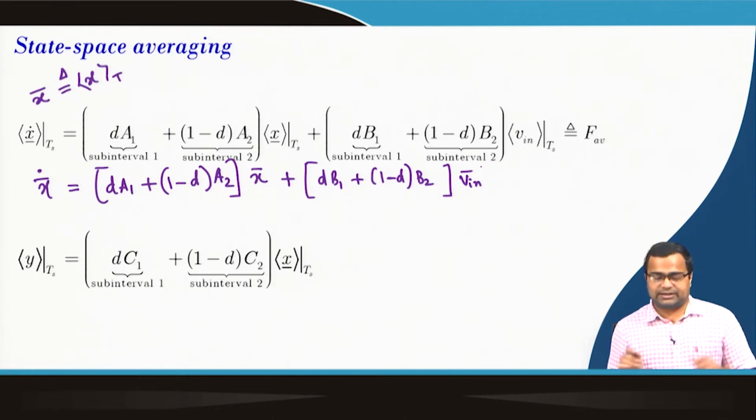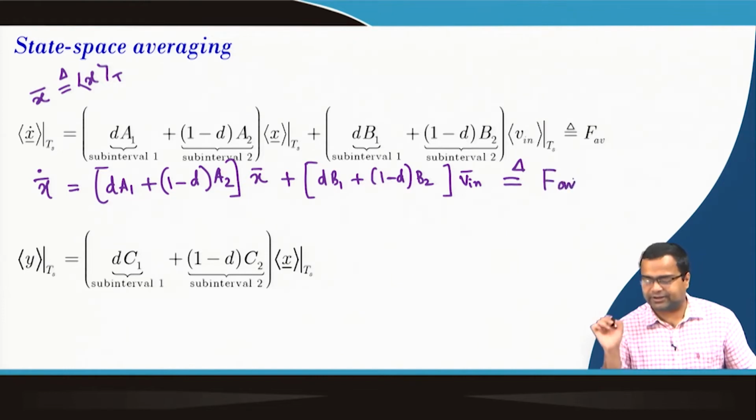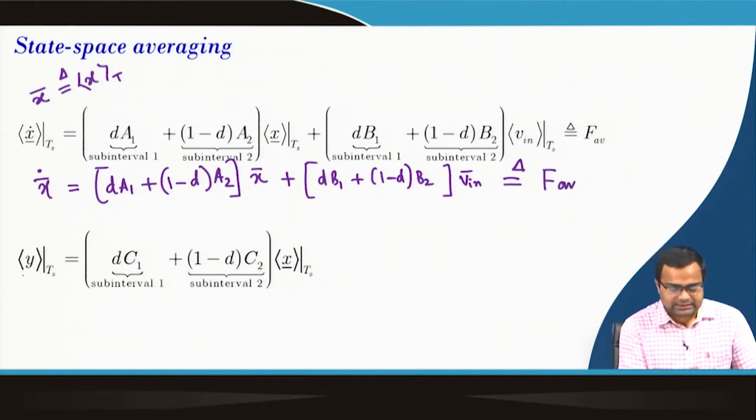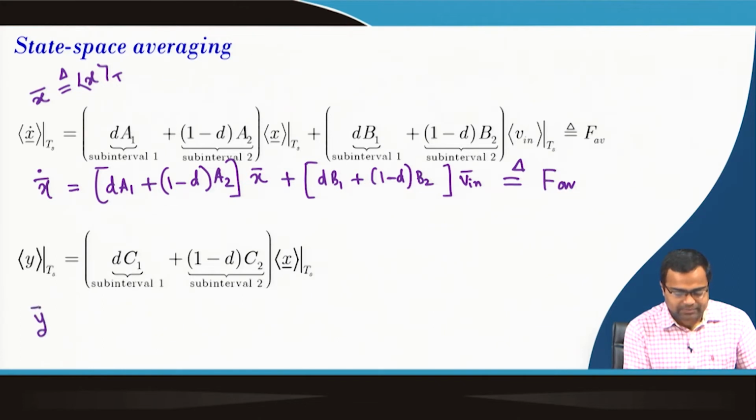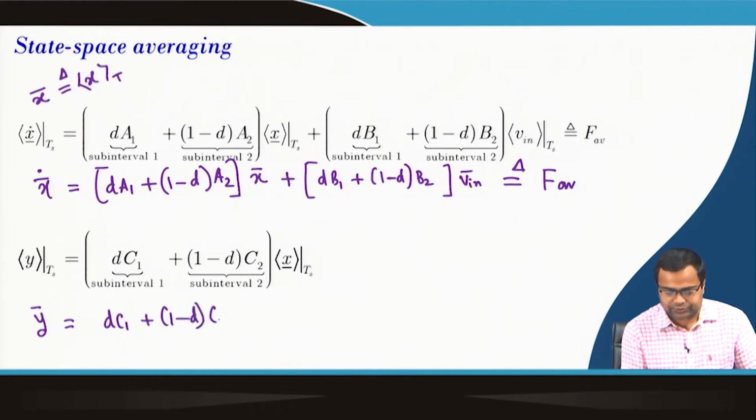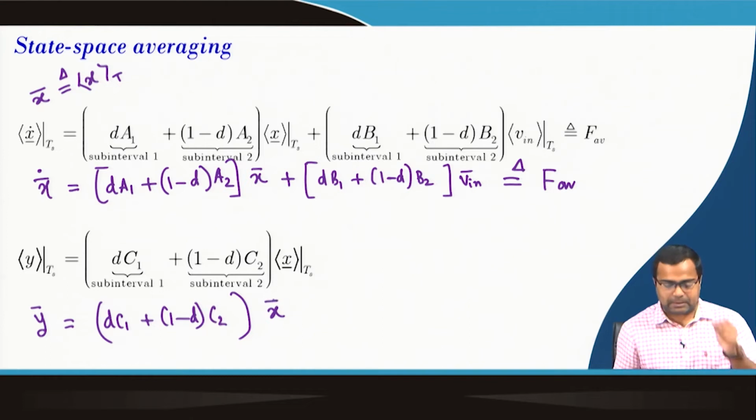These are the average quantities, and we denote this as F average. Similarly, we can write y bar is equal to d into C1 plus 1 minus d into C2, times x bar.